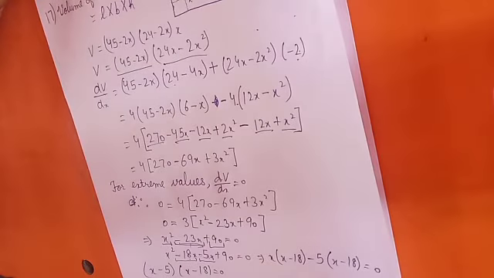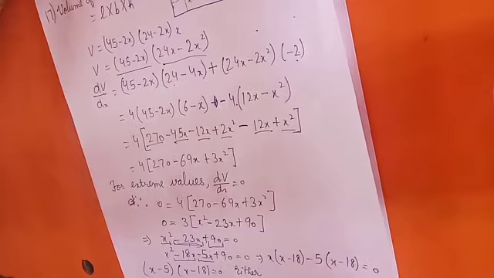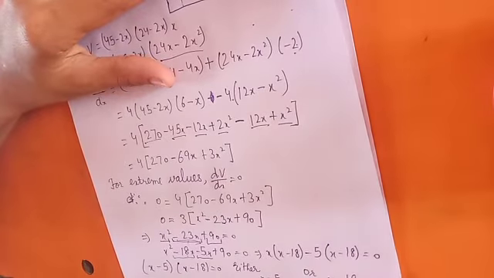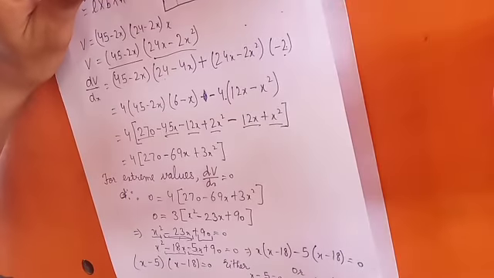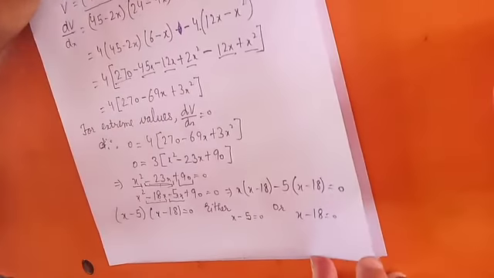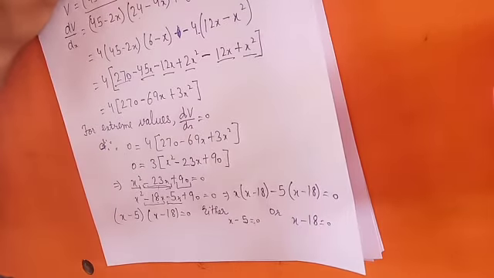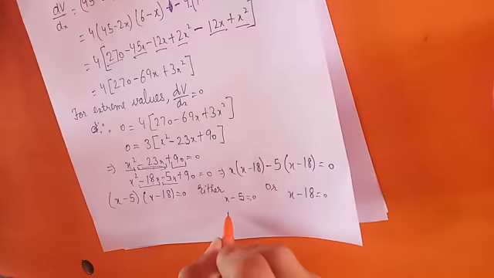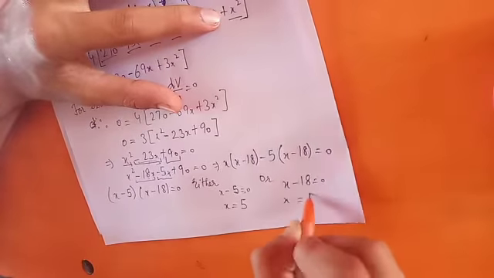Okay, now either x minus 5 equal to 0 or x minus 18 equal to 0. So from here we get two values of x, either x equal to 5 or x equal to 18.